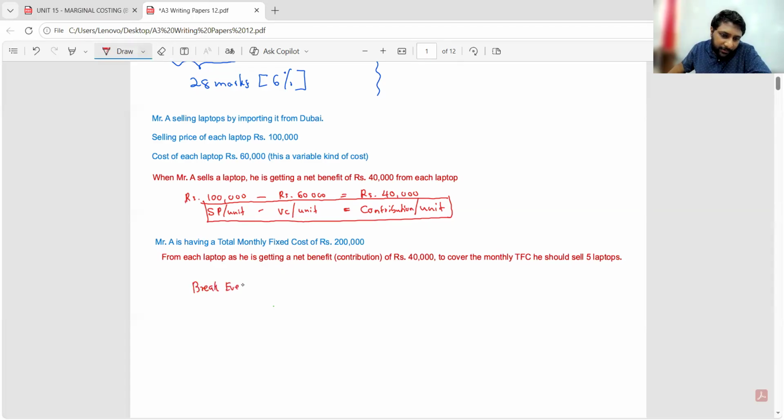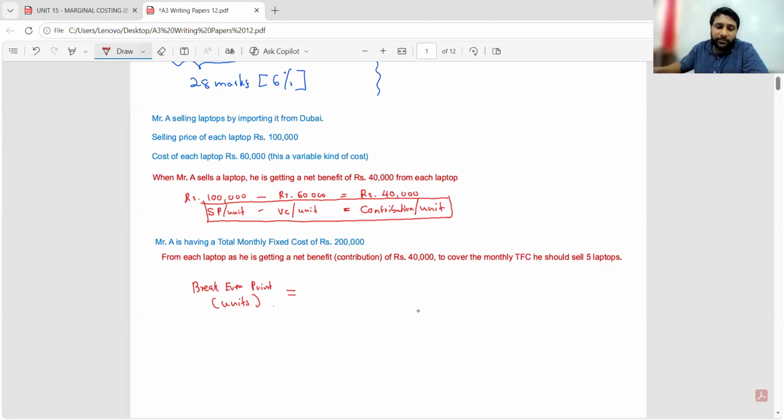Break-even point units equals. So how did you calculate that 5 units, people? To cover the 200,000, from each laptop you are getting 40,000 benefit. So you divided 200,000 by 40,000.